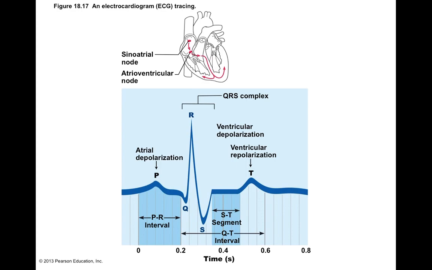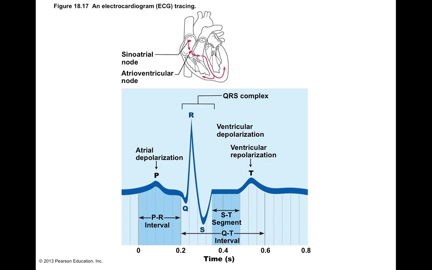So what we find then is that the P wave correlates with atrial depolarization. Remember, depolarization is when action potentials are beginning. So that P wave is when the action potentials begin to spread across the atria. Okay? So what should happen next after that? If the action potentials spread across the atria, what should be the next event?